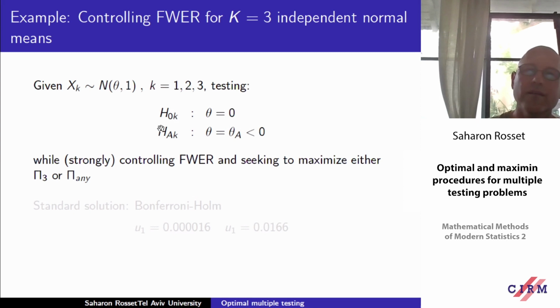So the distributions I'm interested in are these normals with variance 1, and the expectation is 0 under the null and some value smaller than 0 under the alternative. And I want to strongly control family-wise error rate and maximize, in these examples, just pi3.